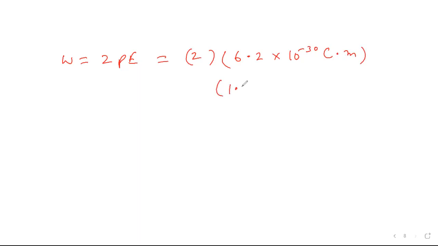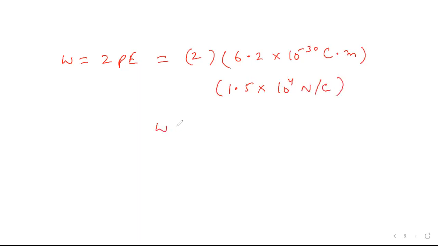So let us put the numbers. So W is twice PE, which is 2 times, then we have P, 6.2 into 10 raised power minus 30 coulomb meter, times electric field is 1.5 into 10 raised power 4 Newton per coulomb.